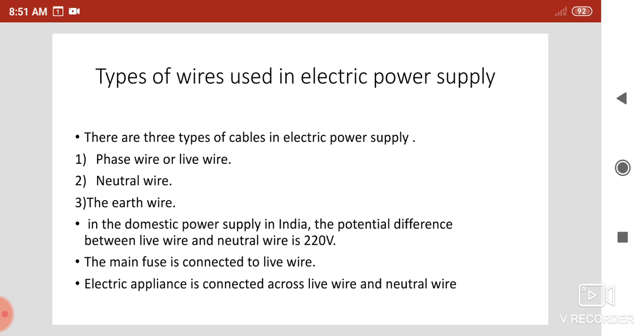Only devices such as the mixer, electrical heater, or other high rating devices need the earth wire. Even an electric iron, devices which need more potential difference and more current, are called high rating devices, and those devices need the earth wire.